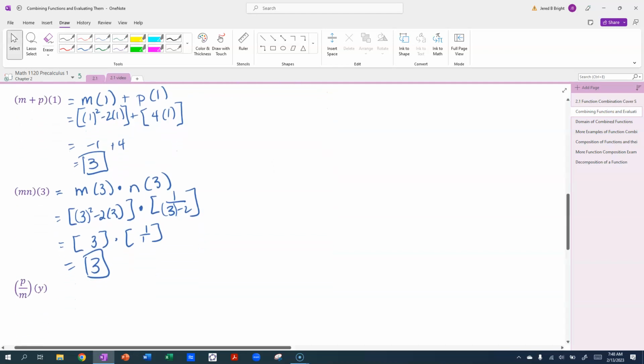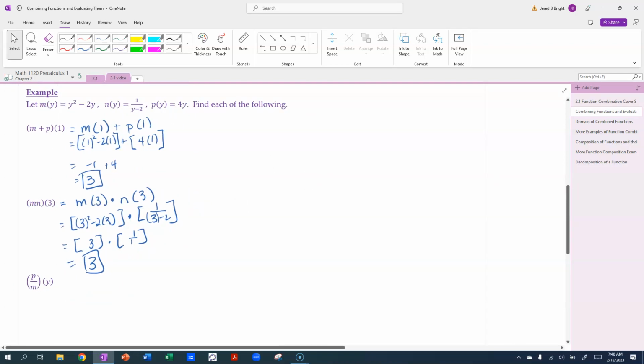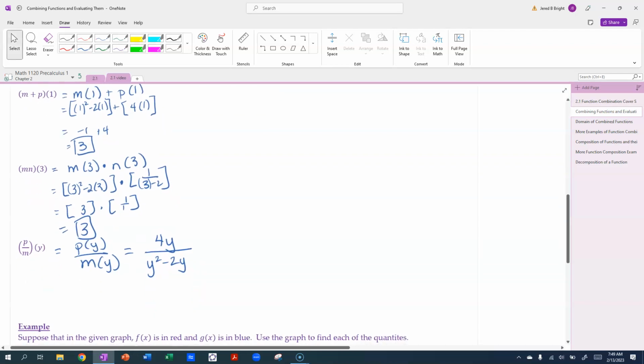And then lastly, for this one, p over m, I need to maybe just zoom out a little bit. So this is by definition p of y divided by m of y. Okay, and I know that p of y was just 4y, divided by m of y, which was y squared minus 2y. Actually, I can reduce.